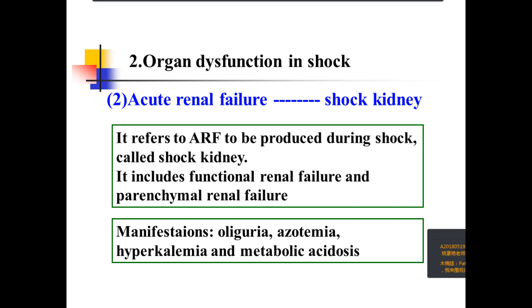During the early stage, because of ischemia and vasoconstriction, the blood flow of the kidney decreases, so GFR decreases and urine decreases, so functional renal failure happens. If blood and fluid are transfused, the kidney blood flow will recover and the function of the kidney will recover.